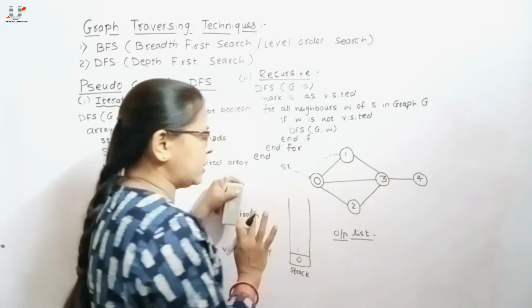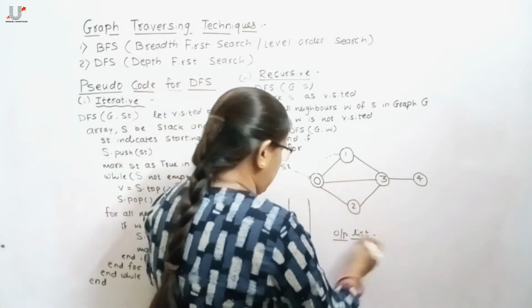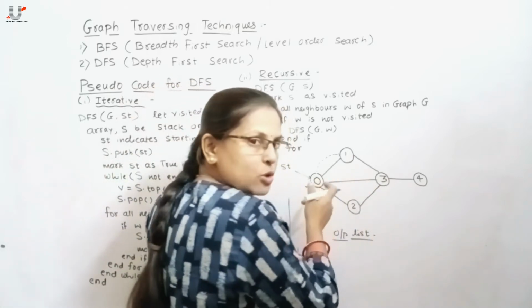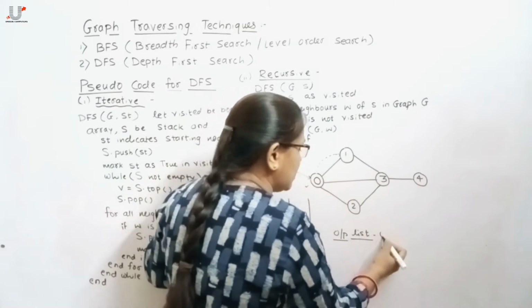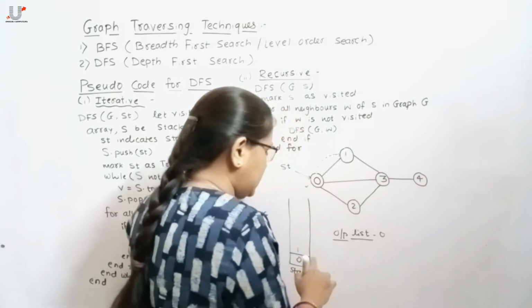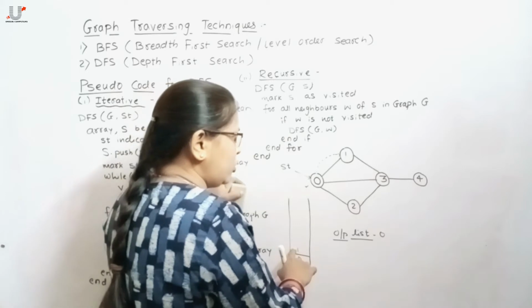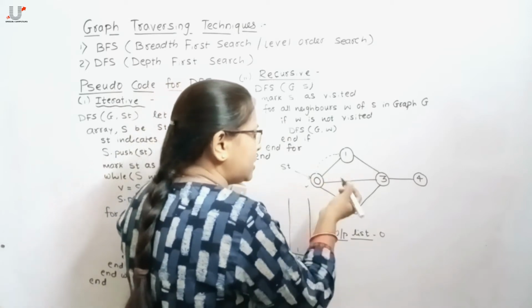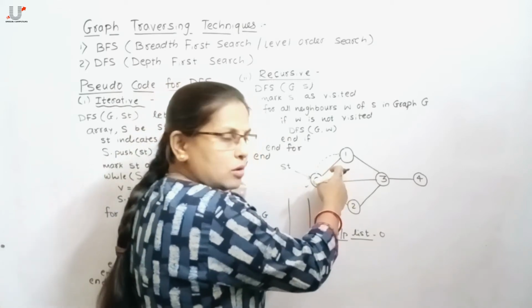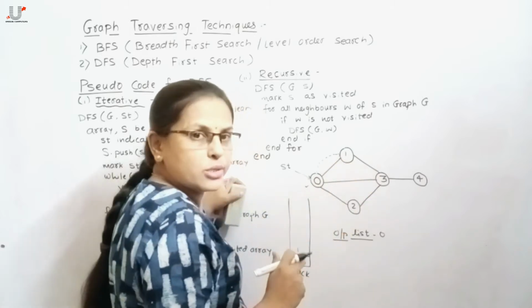After adding that 1, as 0 is already processed, add that 0 into the output list. Then after adding 1 into the stack, try to explore that 1. For that 1 you have to again check the adjacent nodes.